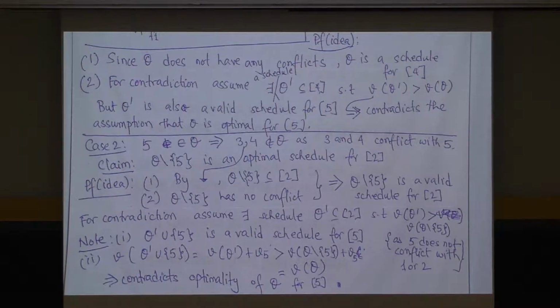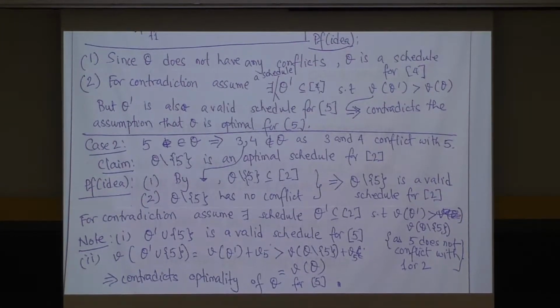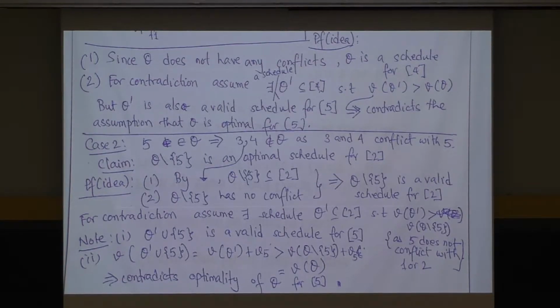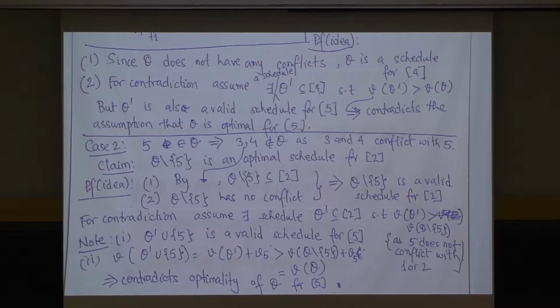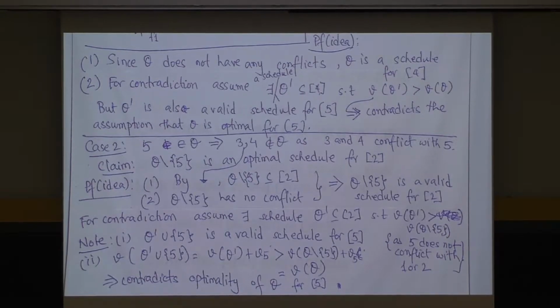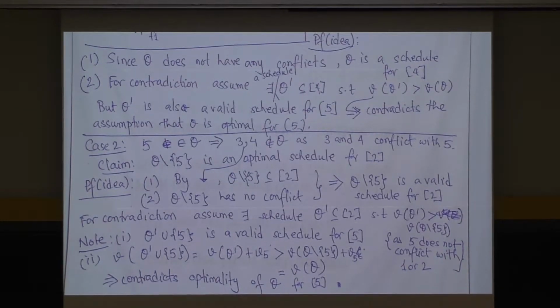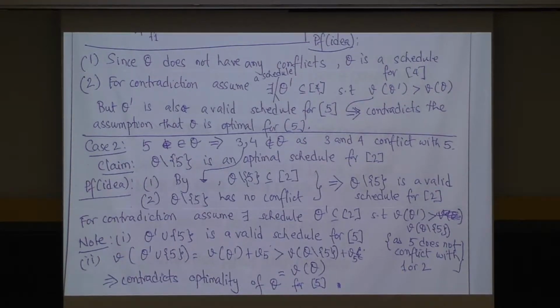So what we have done is we looked at two cases, whether 5 is in the optimal or not, and in each case we know something more about another subproblem. So in the case that 5 is not in the optimal, we know that our original optimal solution is also the optimal for 1 to 4. Or put another way, if you think of it in reverse, if 5 is not in the optimal solution, then the optimal solution is an optimal solution for 1 to 4.